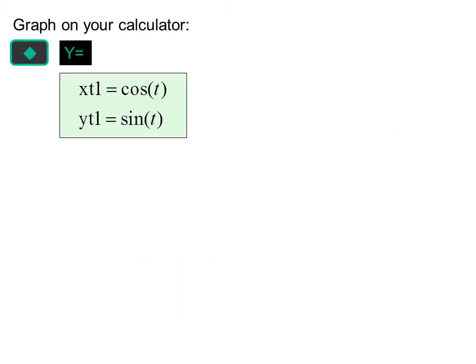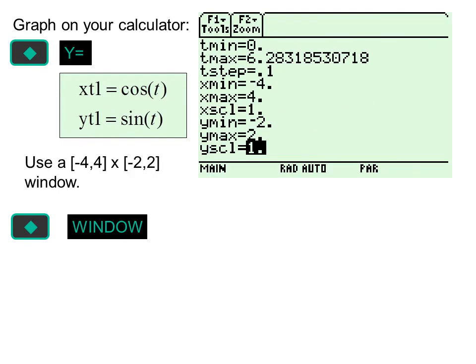Graph in your calculator. Diamond y equals, xt1 equals cosine t, yt1 equals sine t. Use a -4 to 4 by -2 to 2 window. And we press diamond window.